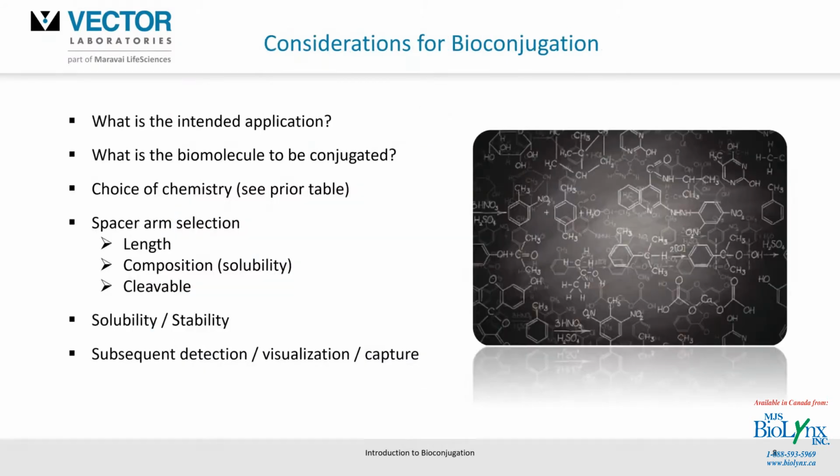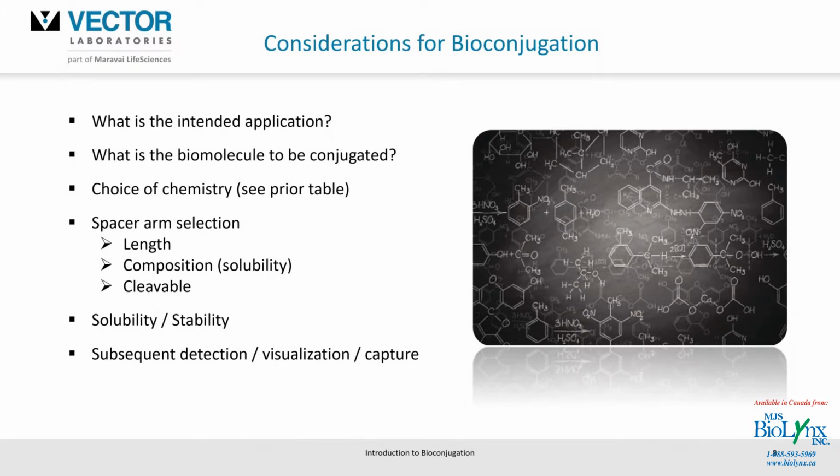All right, so some of you might be thinking, hey, this is great, Craig. I'm getting pretty interested here in bioconjugation. I've always wanted to know about it. So what are some of the considerations if I want to launch into a project? Well, you want to step back a little bit and consider what the actual intended application is and how it is going to be performed.